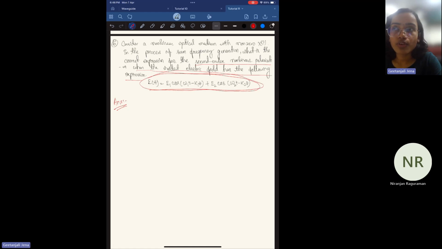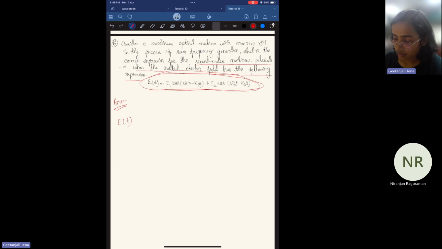We have seen in the chi2 effect, sum frequency generation, and we have also seen difference frequency generation, which is omega 1 minus omega 2, or the DC terms, which have no frequency component. But for our problem, we will basically focus on the term corresponding to sum frequency.